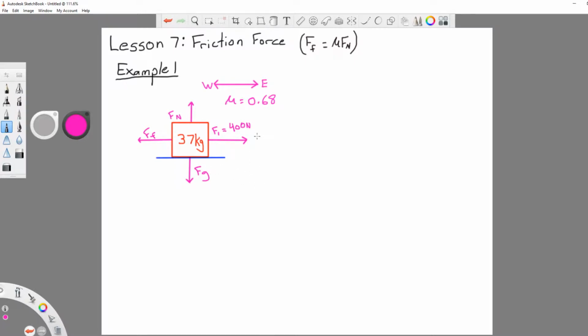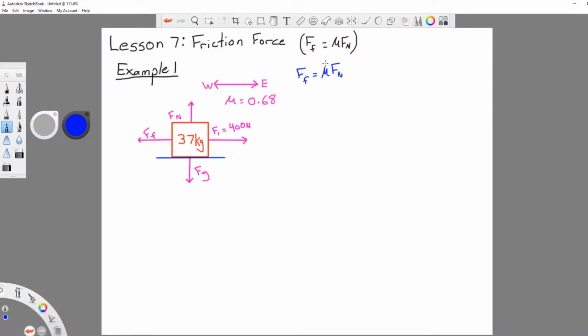Okay. Well, I think what we should do is start with just our friction formula and see what we're going to have to solve for. So ultimately we're going to end up getting something like this. Force of friction is equal to coefficient of friction times the normal force.